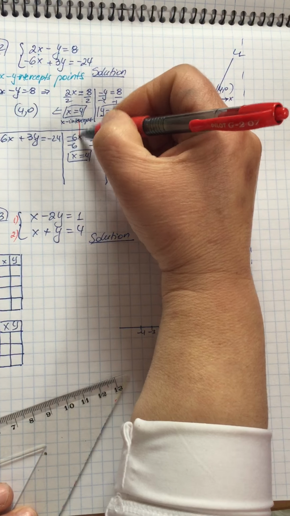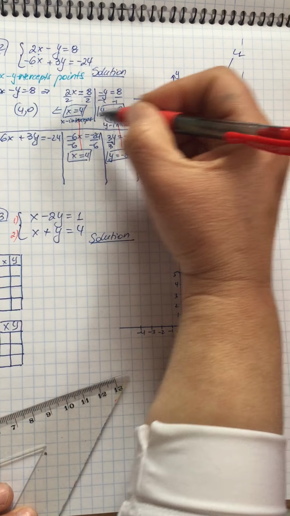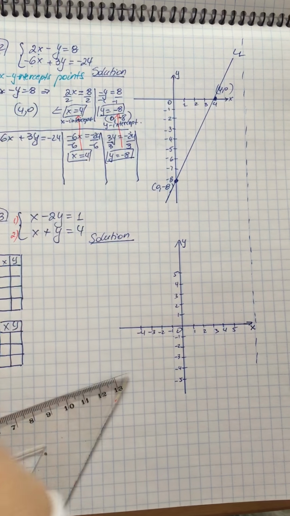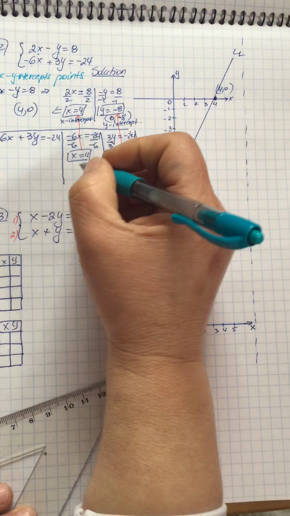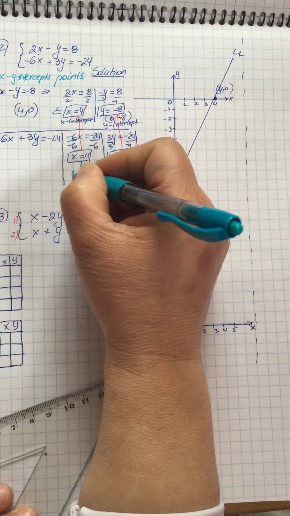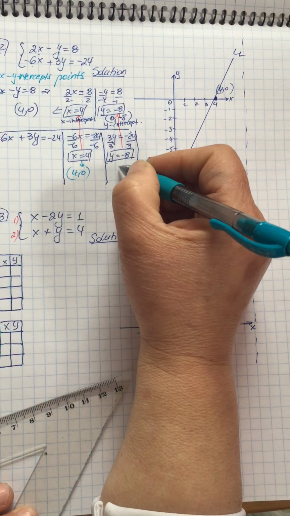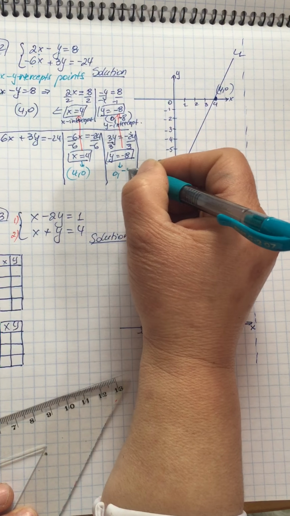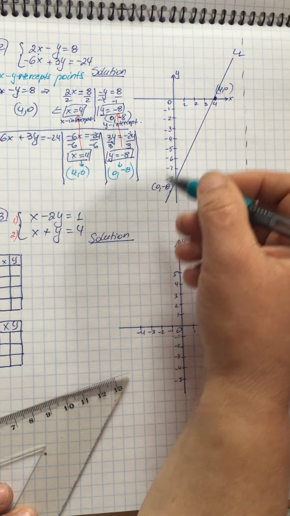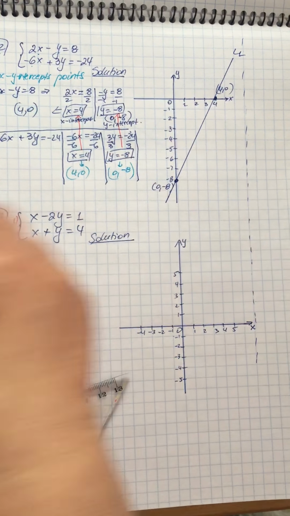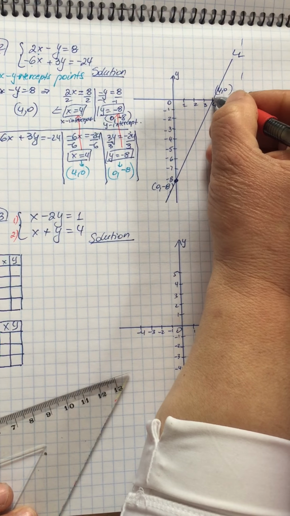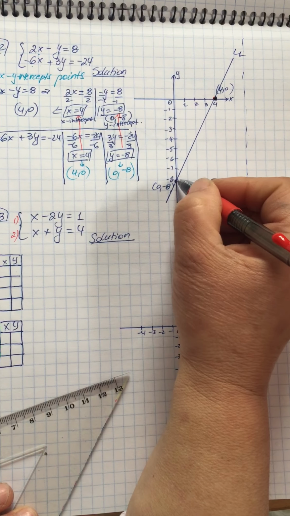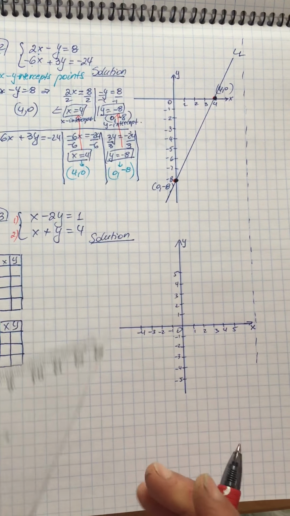Very beautiful. I'm observing right now that both lines have the same x-intercept point and exactly the same y-intercept point. So what this means is that when I draw the second line, it is the first line.